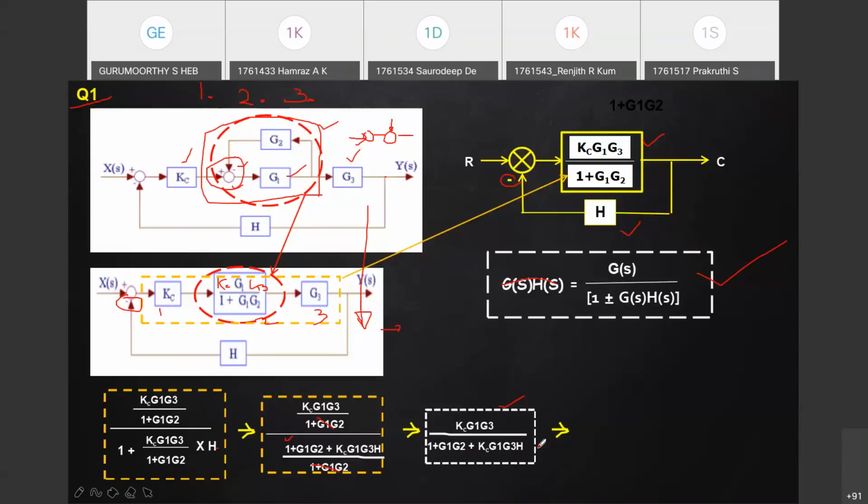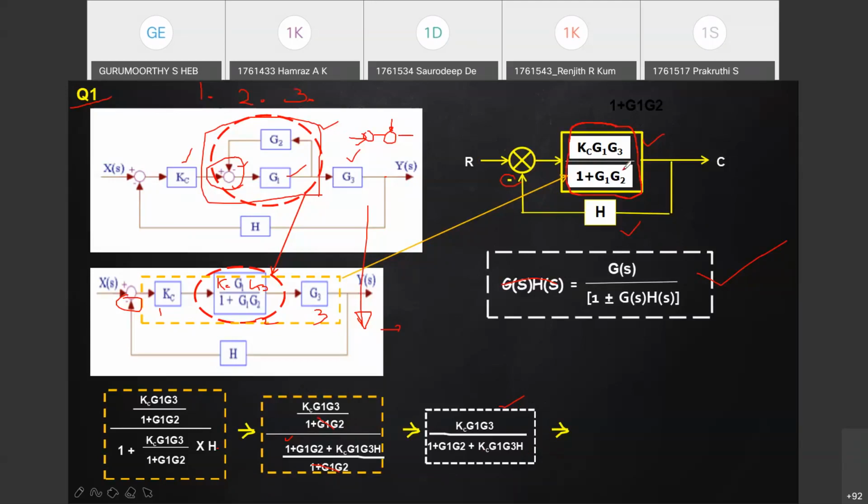So any doubt is there? You can just ask me. This is now quite simple, but you may get some problems where there are so many terms. Then you can use some logic, like Umesh sir was telling. One of the simplest ways is to look at this Kc G1 G3 divided by 1 plus G1 G2.